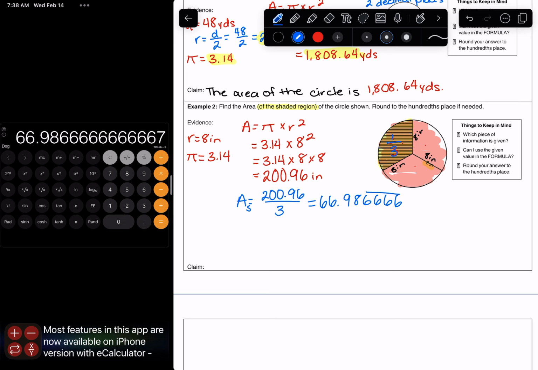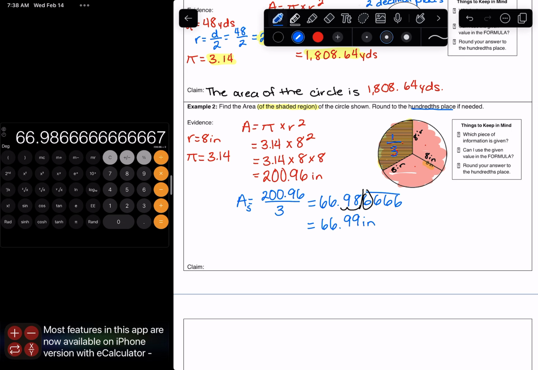From here, it also tells me to round to the hundredths place, which again is the second decimal place. I want to stop right here. The next digit is a 6. It's 5 or more, so this 8 is going to change into a 9. So instead of 66.98, it's going to be 66.99 inches.